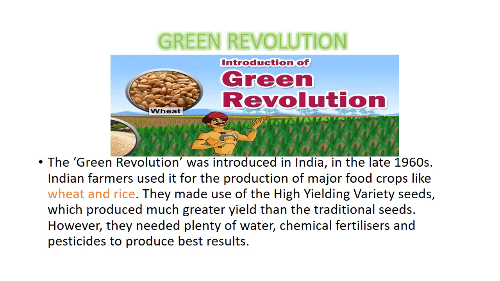A revolution came in the 1960s. That came to be known as the Green Revolution. Green is associated with plants, crops, and it was a major change in the agriculture sector. It made India a self-sufficient country in terms of a few crops, majorly wheat and rice.